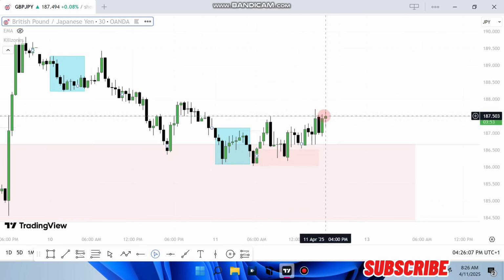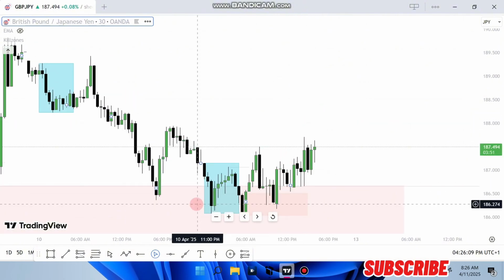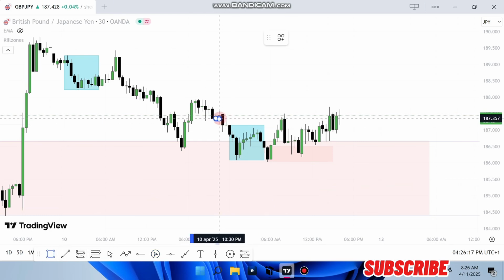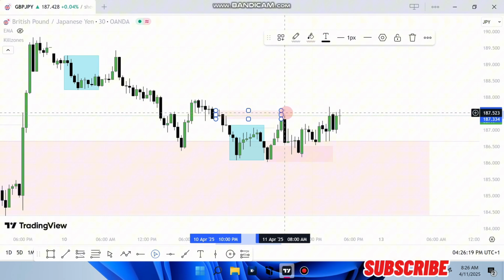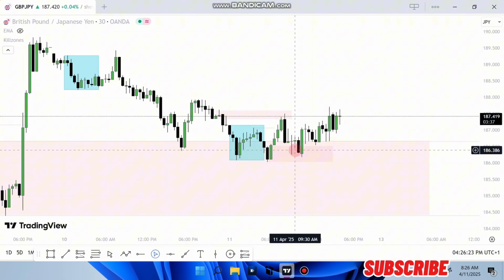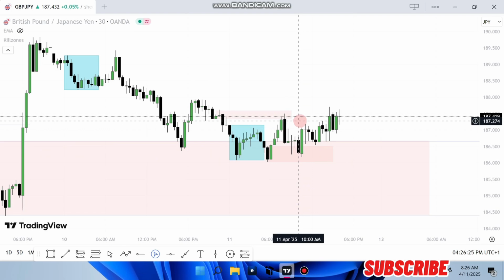But I never wanted to enter straight just like that. No, I wanted price to give me confirmation, because price might be reacting from this opposing supply along this region to come and take us out. So I want price to still give me a reaction so that this supply won't win over this demand.